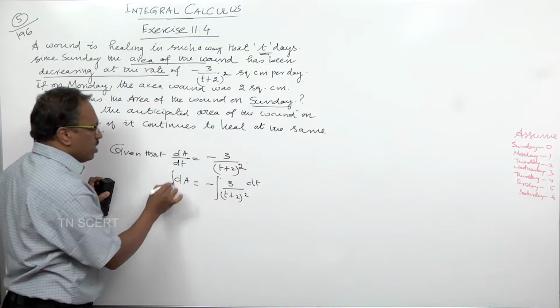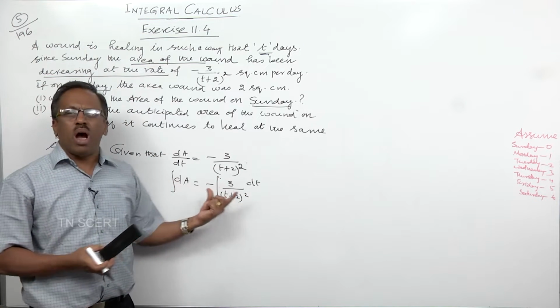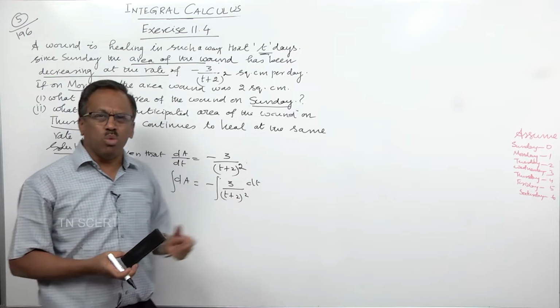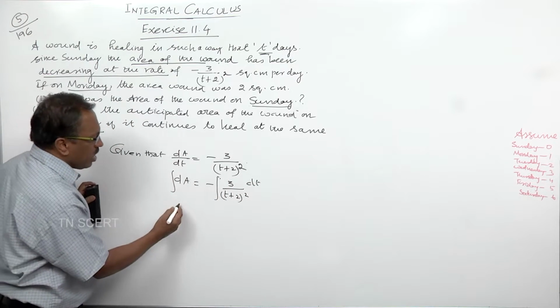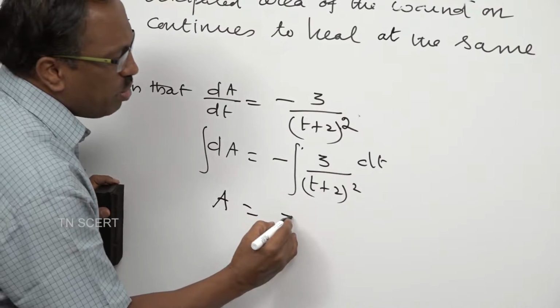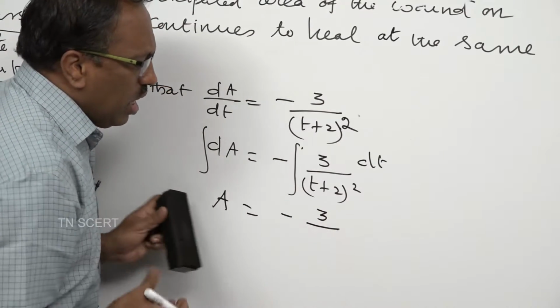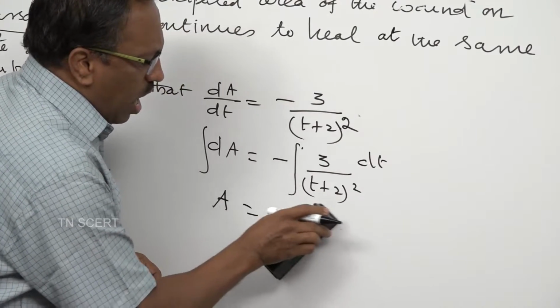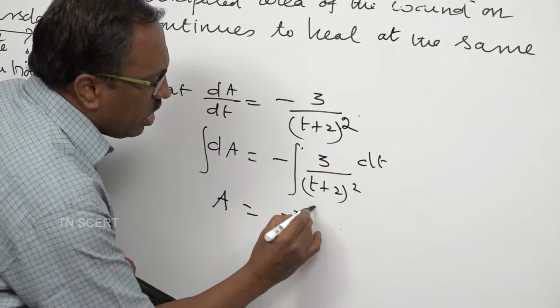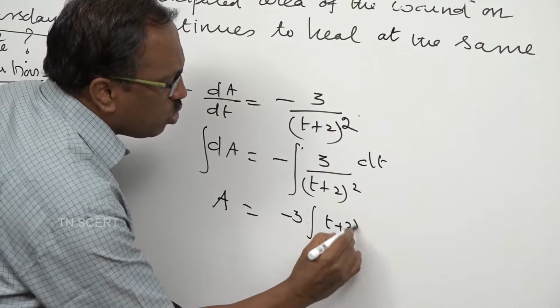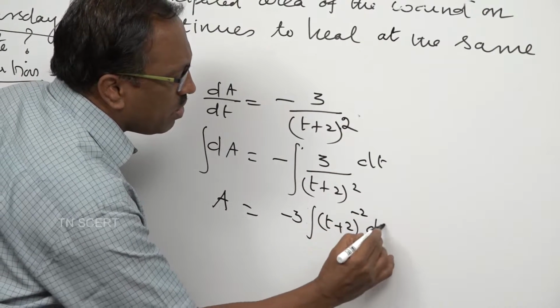This kind of problem, at once you take the integral on both sides. I take the negative 3 outside: negative 3 times the integral of (t plus 2) to the power negative 2 dt.